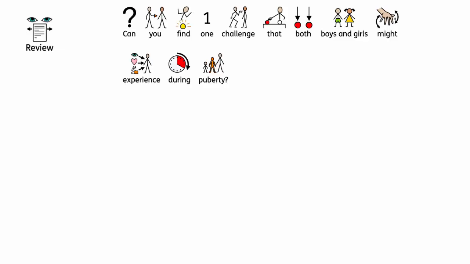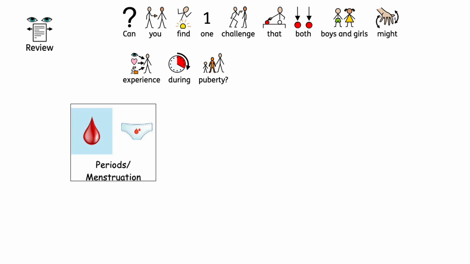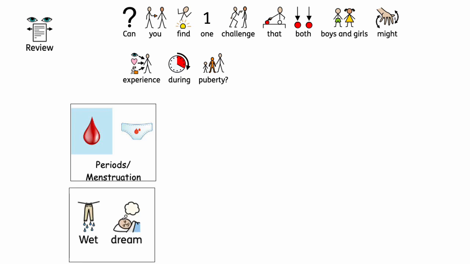For your final task, can you find one challenge that both boys and girls might experience during puberty? You can talk about this with the person next to you, or you can just circle the ones in your student workbook that you think both boys and girls might experience. Is there anything else in addition to these that isn't included here?